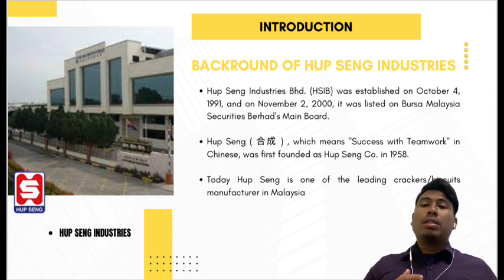Hafsing, in the Chinese term, means success with teamwork, was first founded as Hafsing Co. in 1958, and today Hafsing is one of the leading cracker biscuit makers in Malaysia.